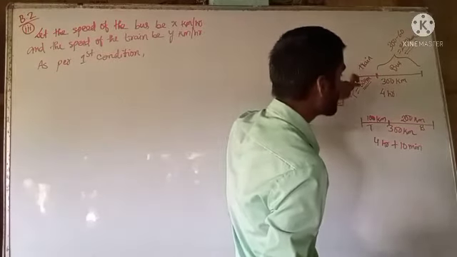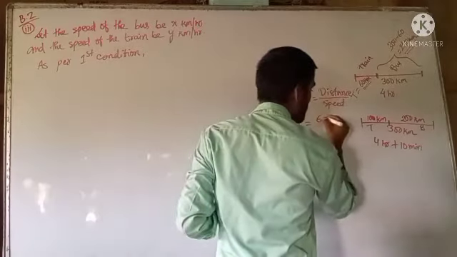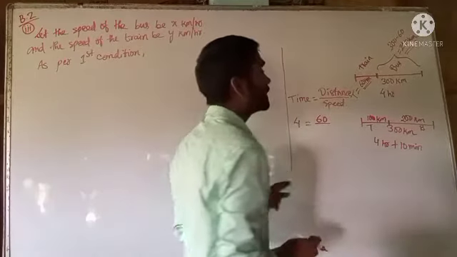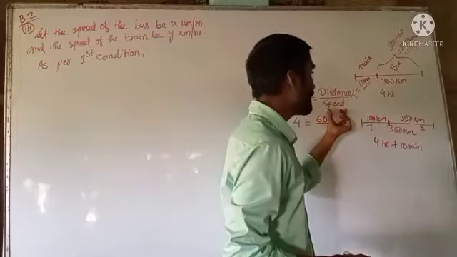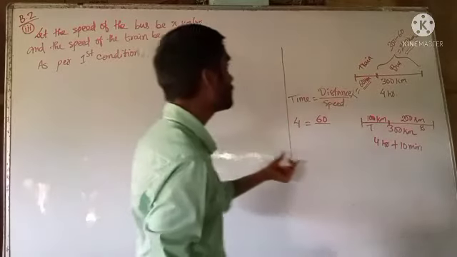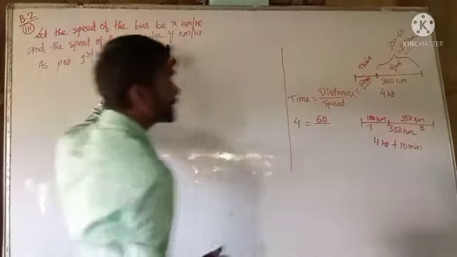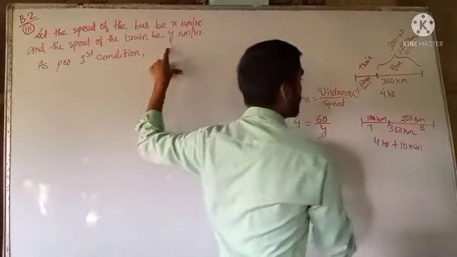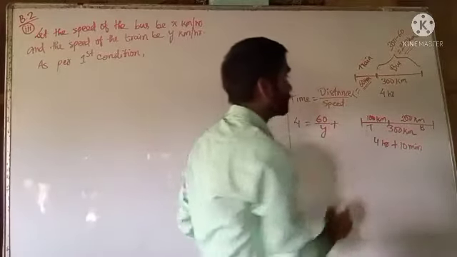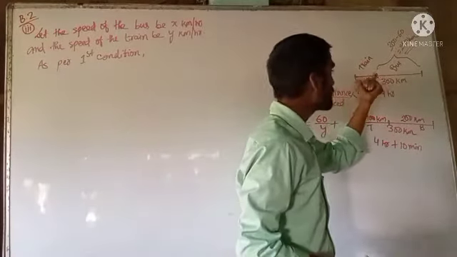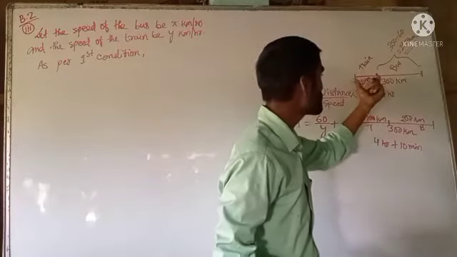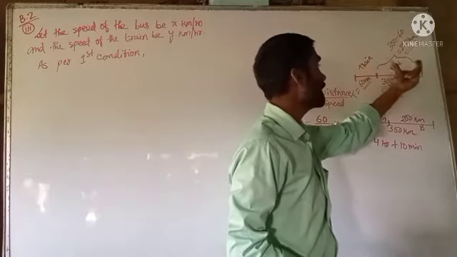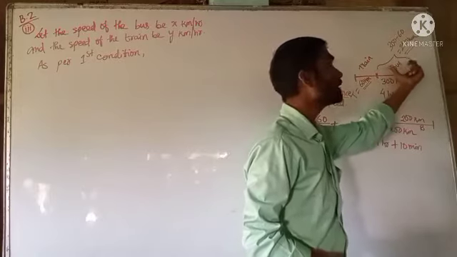So for train it is 60 km covered by train, by speed. What is the speed? Speed of the train that we are taking it as y kilometer per hour. So y plus again, because she is covering partly by train and partly by bus, that means some distance she is covering by train and some she is covering by bus.